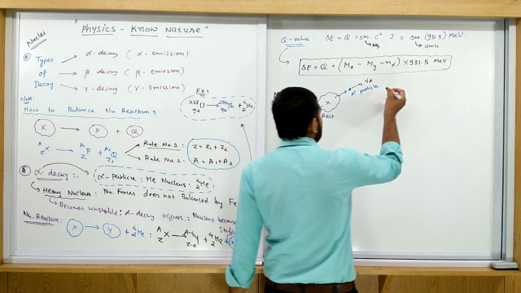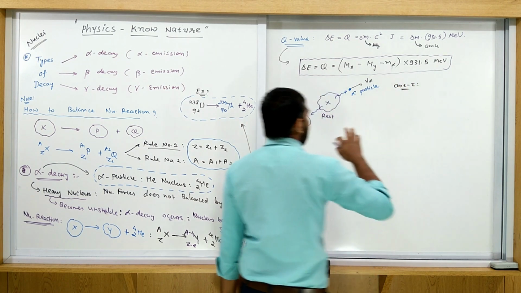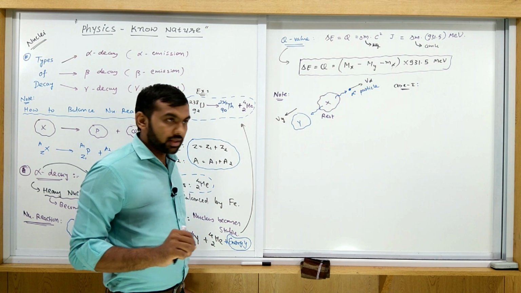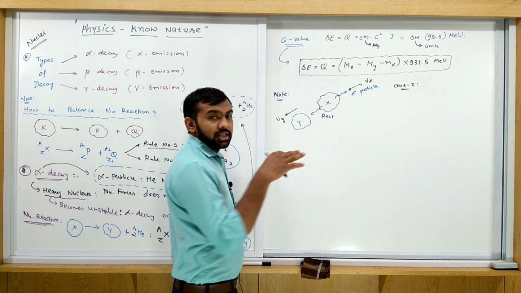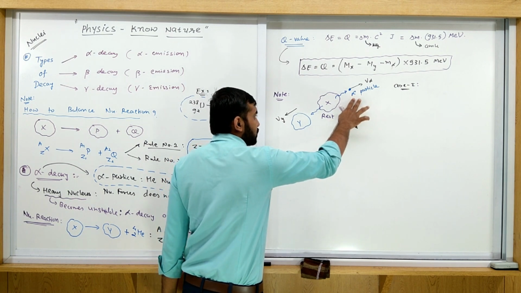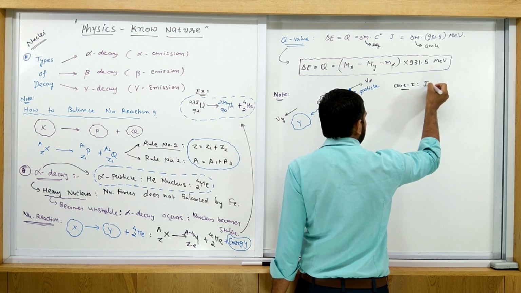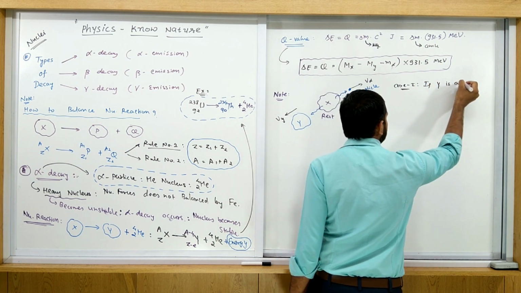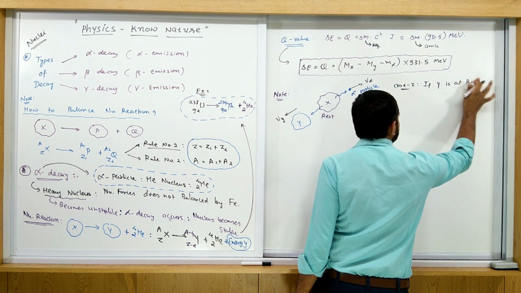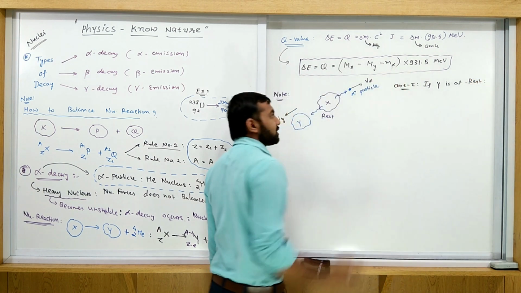For example, let's write these two cases here. Case 1: after releasing the alpha particle, if you consider Y is at rest, it means it is not moving, only the alpha particle is moving.